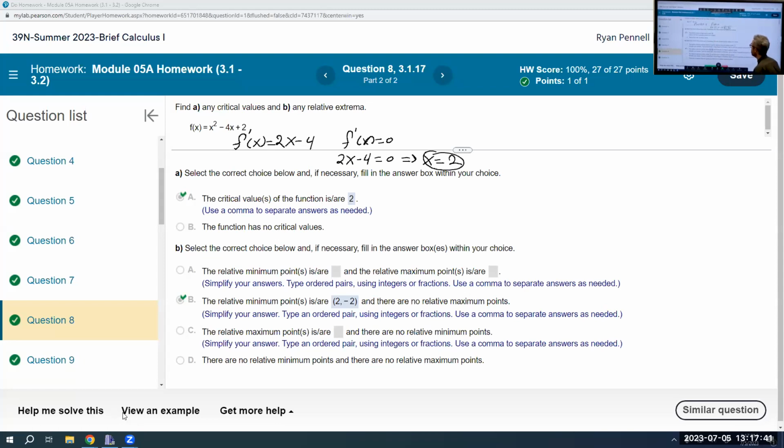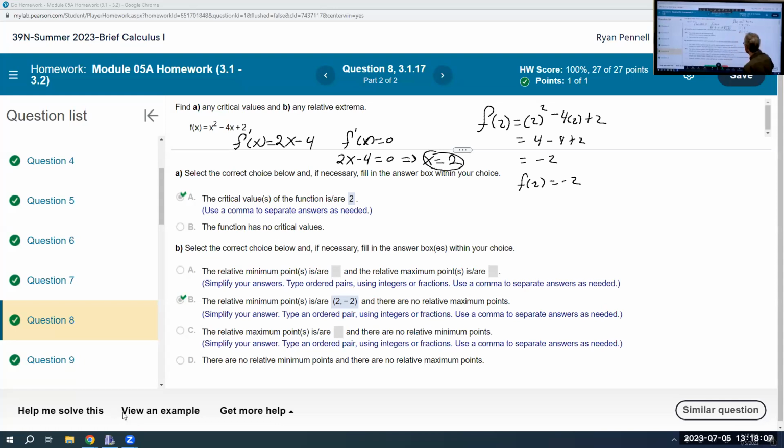What is the value at x equals 2? f of 2. You're going to have different numbers, but the idea is the same. So what's that? 4 minus 8 plus 2 is negative 2. So we have f of 2 equals negative 2.